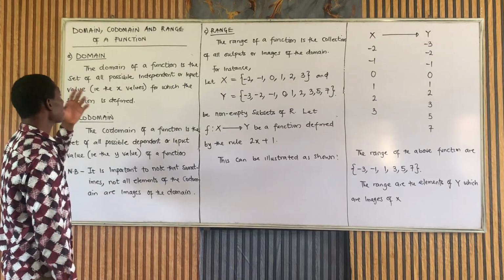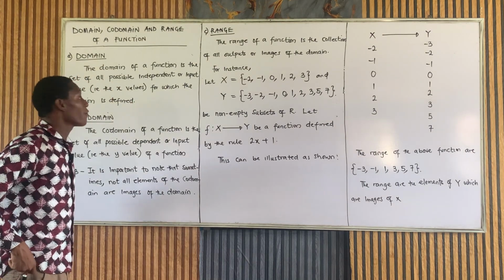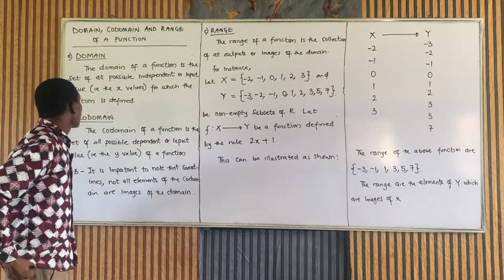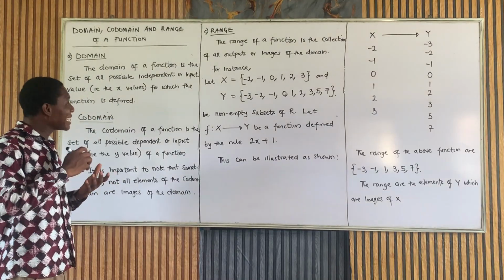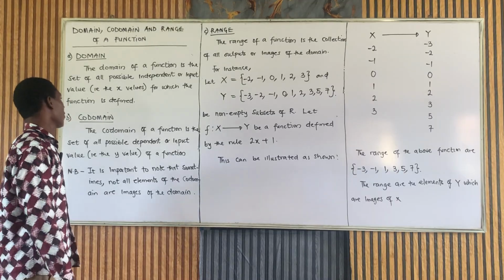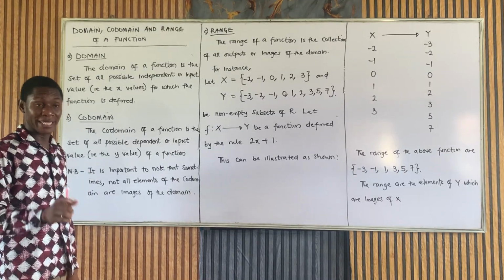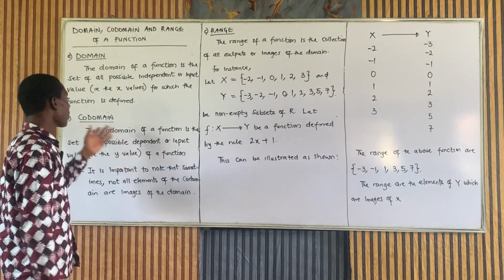Next, let's look at the domain, codomain, and range of a function. The domain of a function is the set of all possible independent or input values, which we call the X, for which a function is defined. I will illustrate that as we continue. Then we have the codomain.